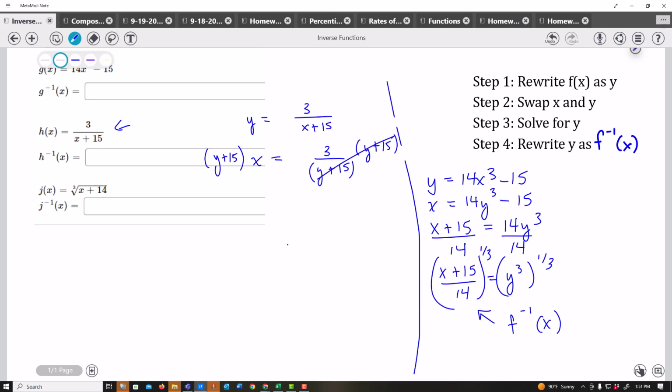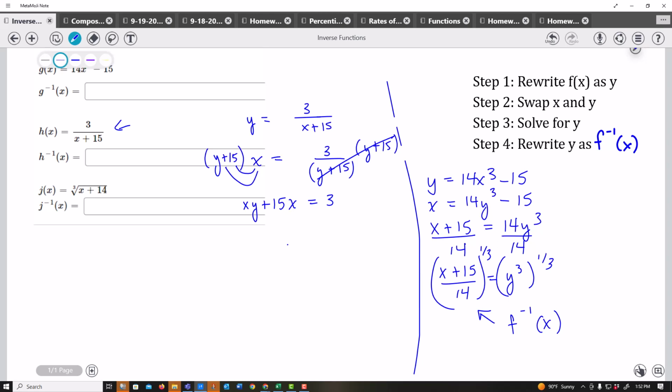So I have (y plus 15) times x equals 3. And from here now, I need to just remember to distribute. So I have xy plus 15x equals 3. And remember that I am trying to solve for y.